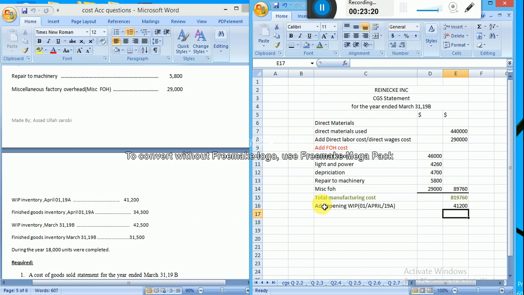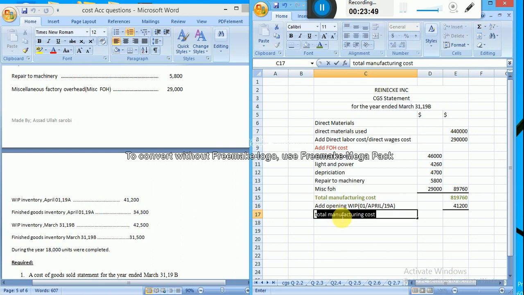Okay. Now 41,200 is the previous year work in process remaining, and the 8,19,760 is of the current year work in process. So how much total work in process do we have?